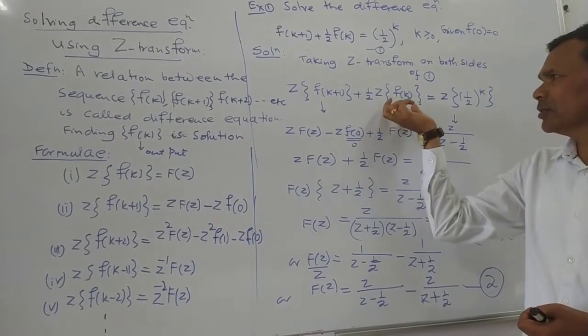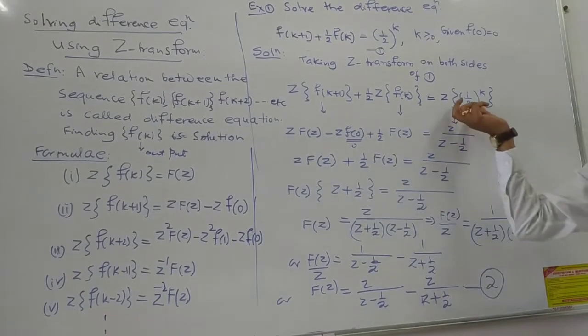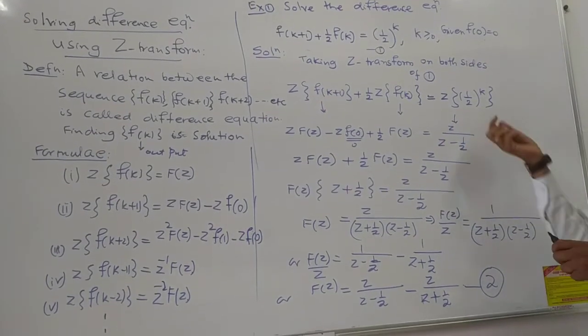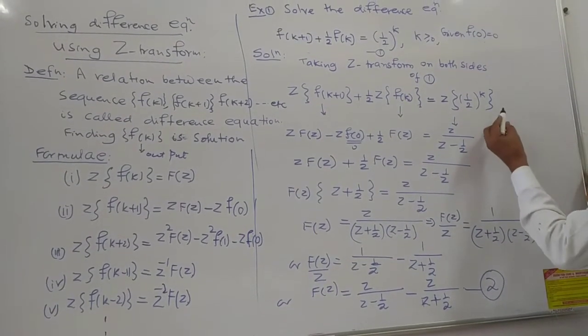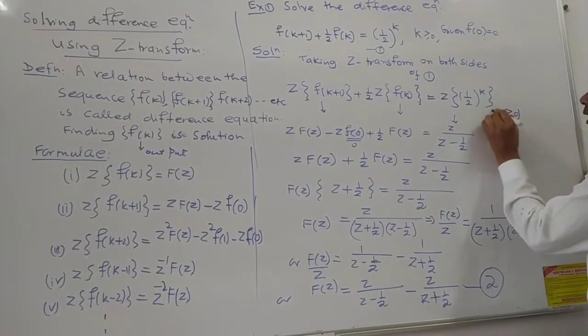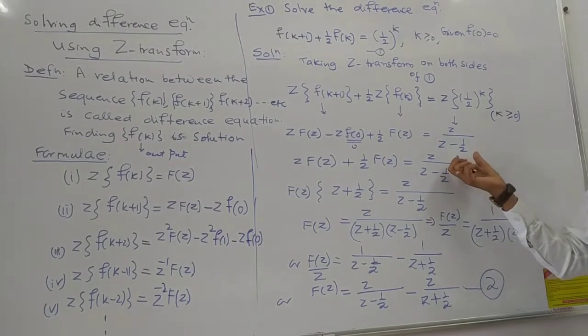The next is Z transform of f of k is f of z times half, and the right hand side is Z upon Z minus half. We are using the formula for a raised to k, for k greater than or equal to 0, it is Z upon Z minus a. A is 1 by 2 there.